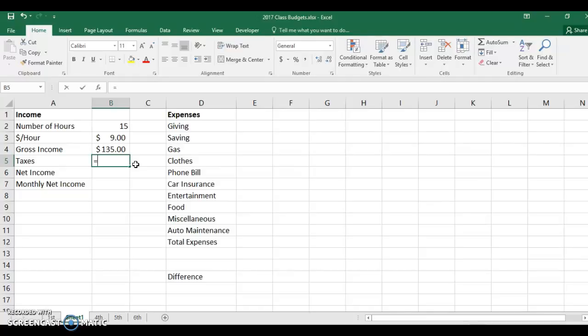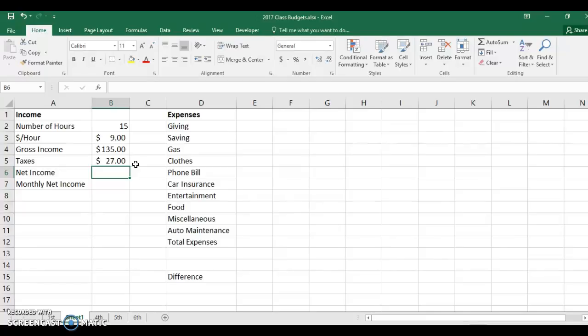So we're going to go equals our gross pay, and we're going to multiply that by 20% or 0.2, the decimal equivalent. And we press enter, and so you could expect that the government, federal, state, FICA, Social Security is going to get $27 of your pay.